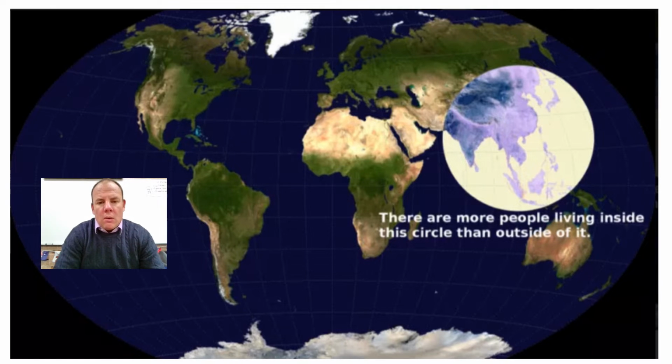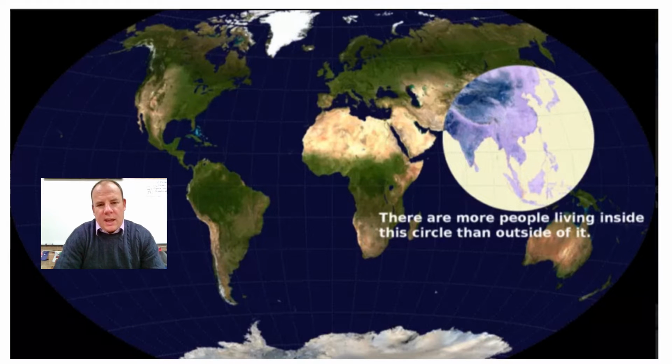Geographers are interested in patterns and space, and that's why that circle is so important. More people live inside that circle than outside the rest of the world. It's huge, and that's why it's worth noting just how important the population is.